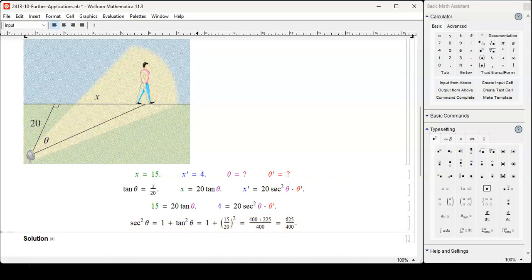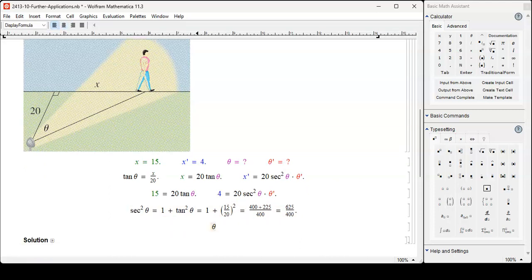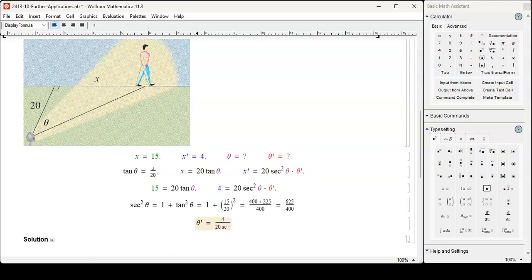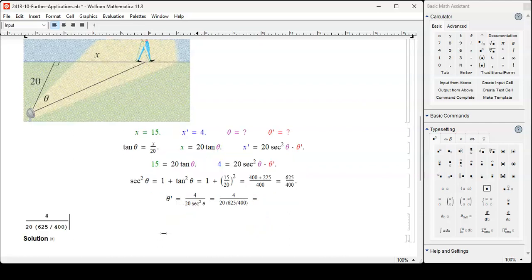Okay, all right, that's secant squared. So theta prime is 4 over 20 secant squared. So 4 over 20 and 625 over 400. And I've reached the point I need a calculator here. We have 16 over 125.